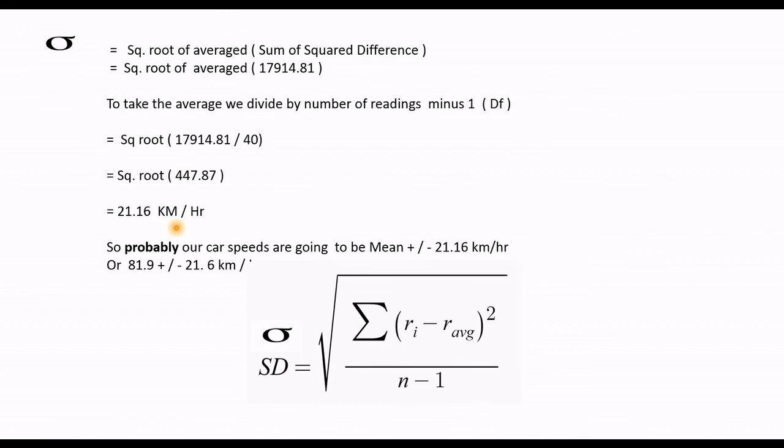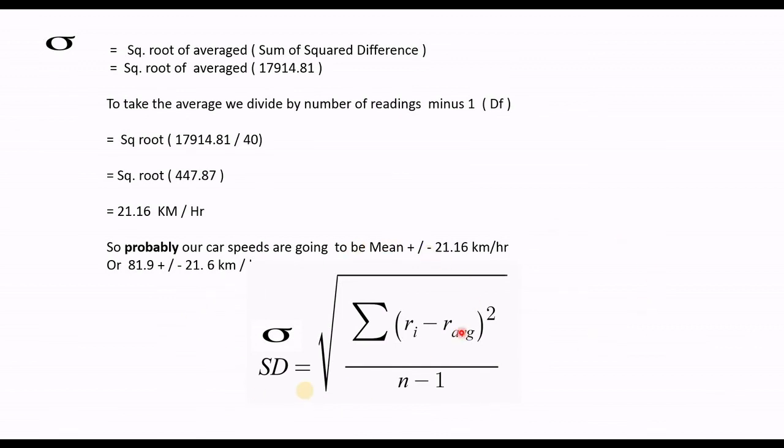That means the next car that I am going to monitor for speed will lie between roughly 60 kilometers, that is 81 minus 21, and an upper limit of roughly 101 kilometers. So it will lie between 81.9 kilometers plus or minus 21 kilometers. This is the meaning of standard deviation.